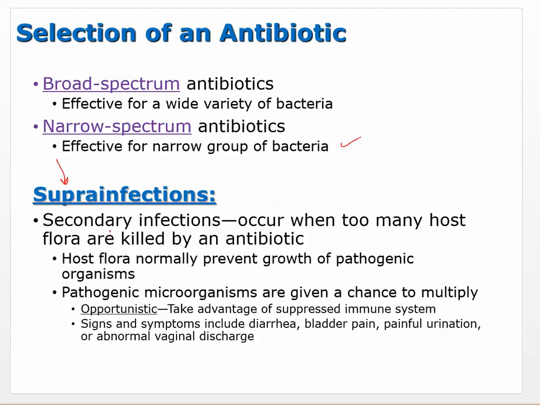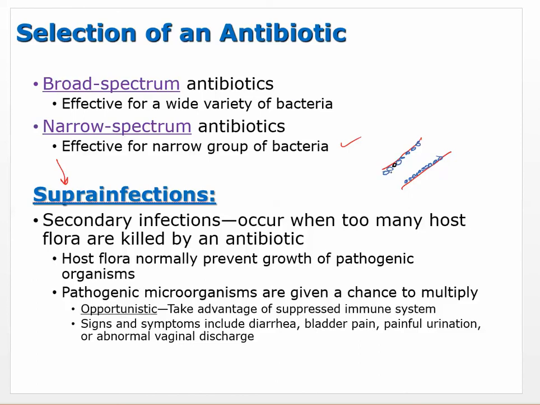So secondary infections occur when too many host flora are killed by an antibiotic. Here you may see a whole bunch of bacteria growing in the intestine, and with those, there might be a couple of Clostridium difficile, or C. diff, that can't grow.